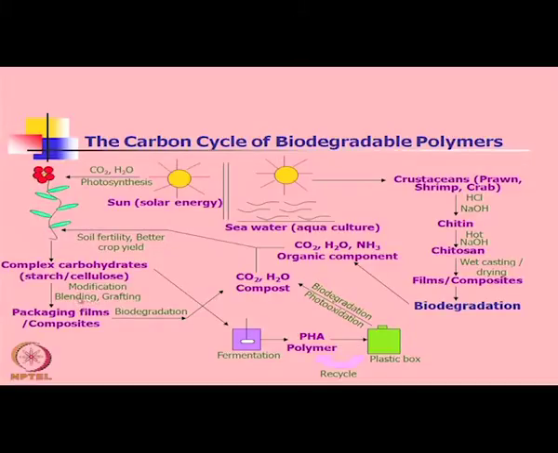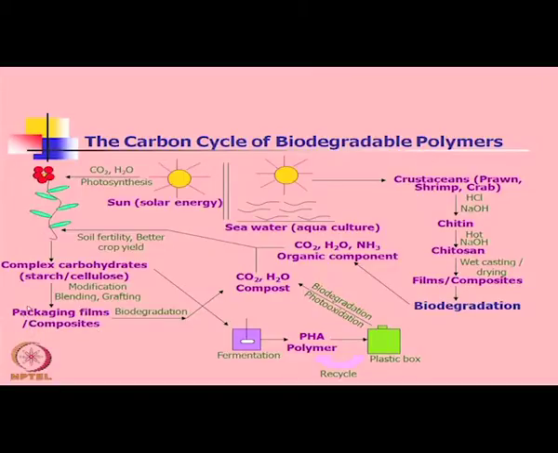We can chemically modify through grafting of other chemical compounds, monomers onto the carbohydrates, and we get new materials which can be used for making products in the form of films for use in packaging industries, or we can make composites.